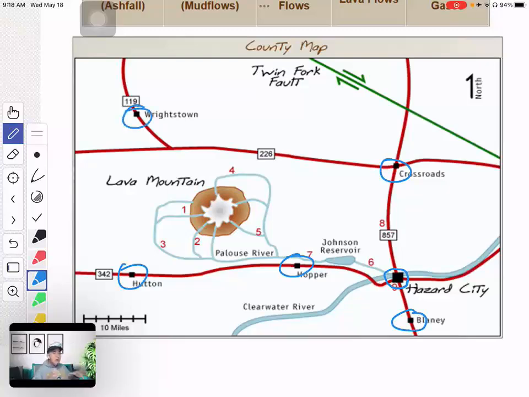So those are smaller communities, 5 smaller communities in the county, and the largest city is Hazard City. Another big feature of this county is that it has a volcano, a mountain that is in fact an active volcano called Lava Mountain.